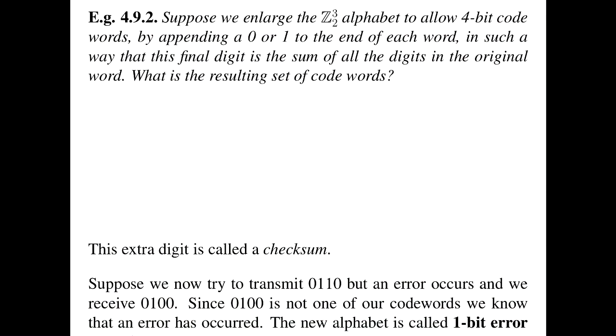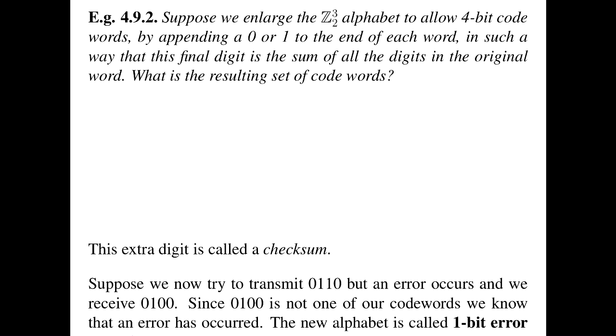So the idea is that if we want to send 3-bit messages, we enlarge Z_2^3 a little bit and construct 4-bit code words. This is the simplest way you can do error checking. What we do is append to the end of our message a thing called a checksum.